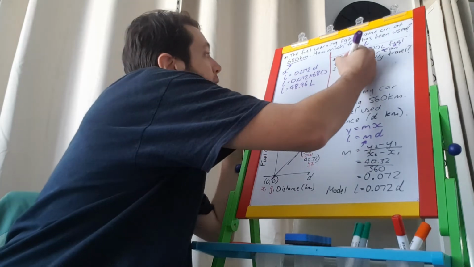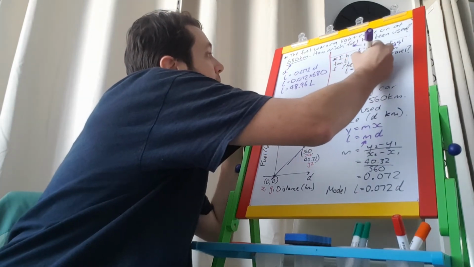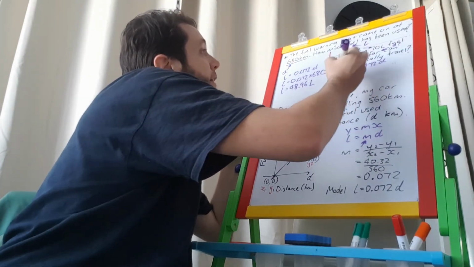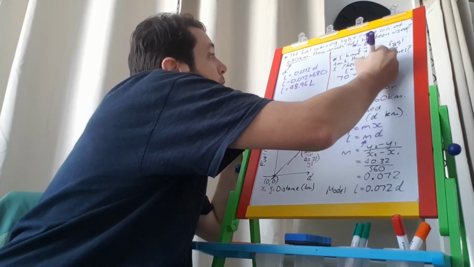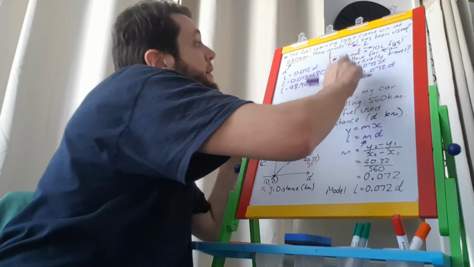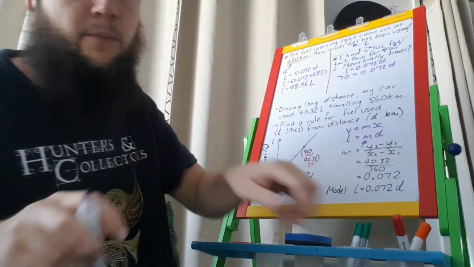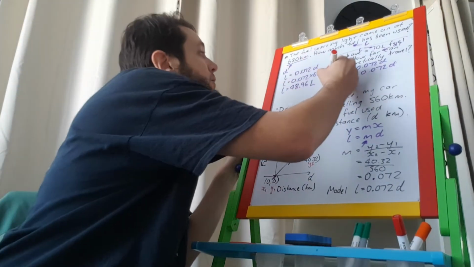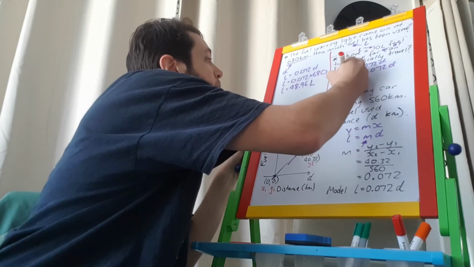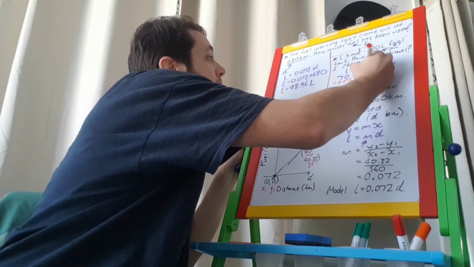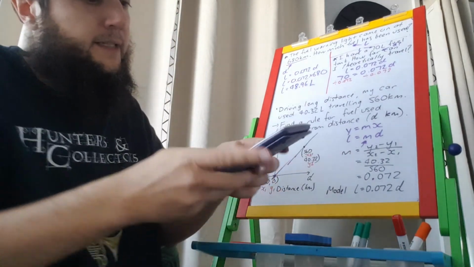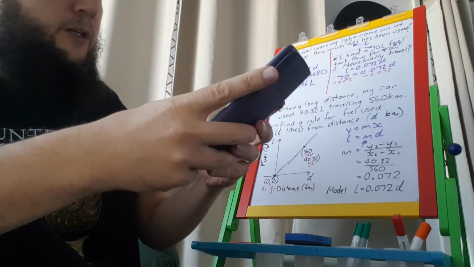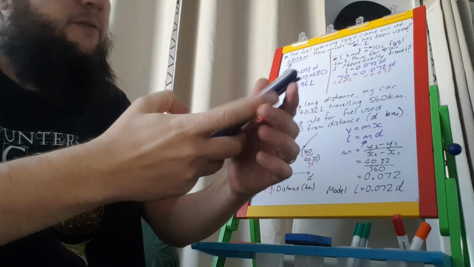So this time we're being given L, and we want to know how far we can travel. So we want to know D. So again, we state our rule. L is 0.072 D. We're given L, which is 70, so 70 equals 0.072 D. What do I do to both sides to get D by itself? We're going to divide both sides by 0.072. In effect, I need to know 70 divided by 0.072.